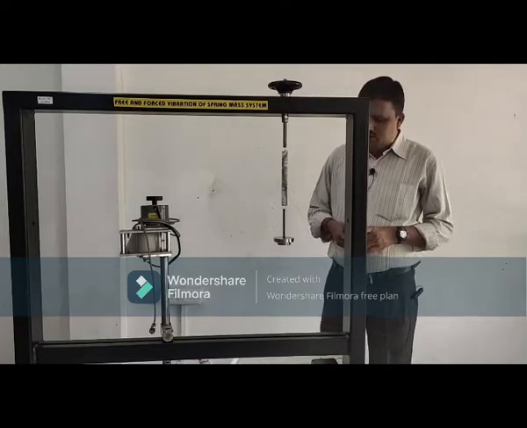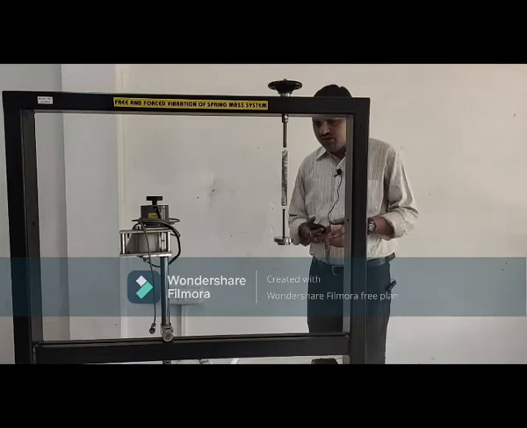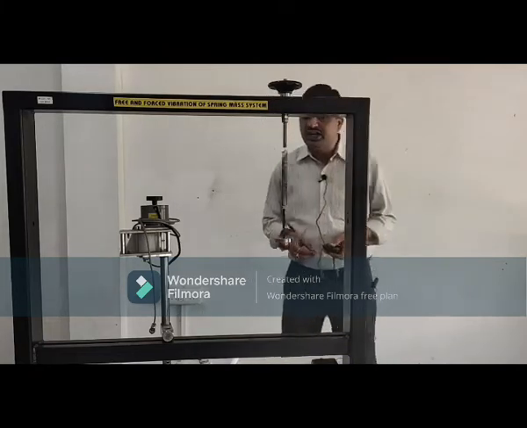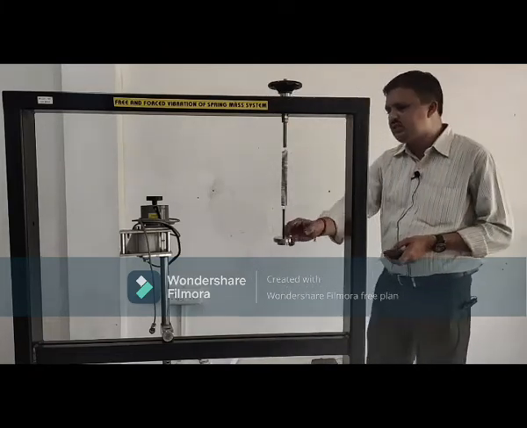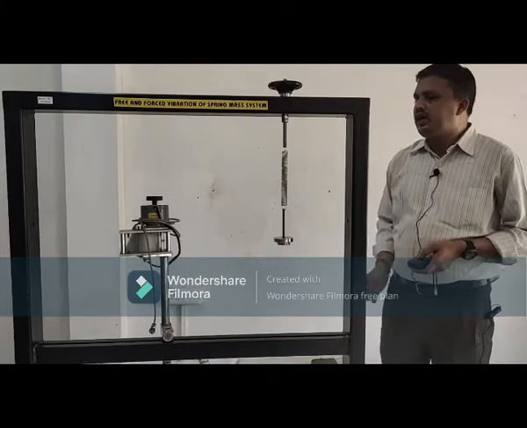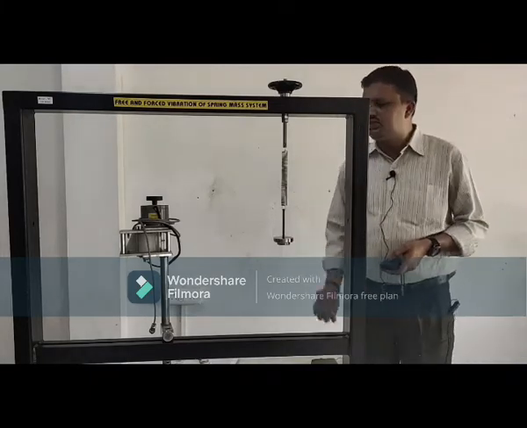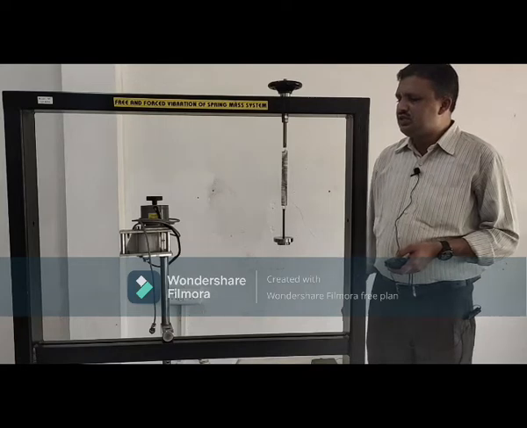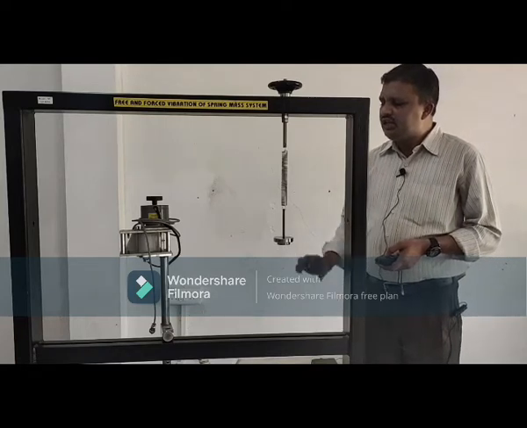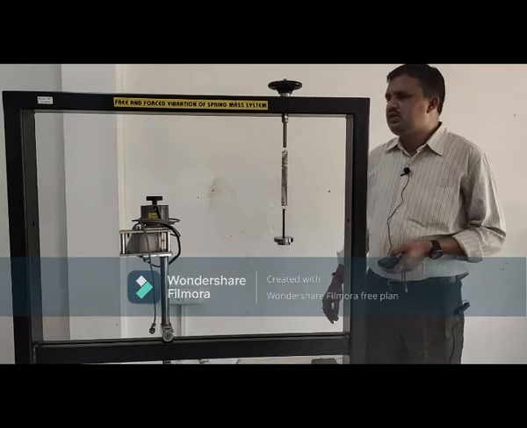First the vibrations need to be set up in this system. By giving an initial displacement to the mass attached to this spring, the vibrations will be set up.